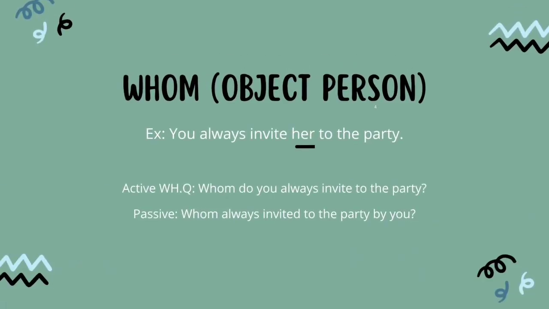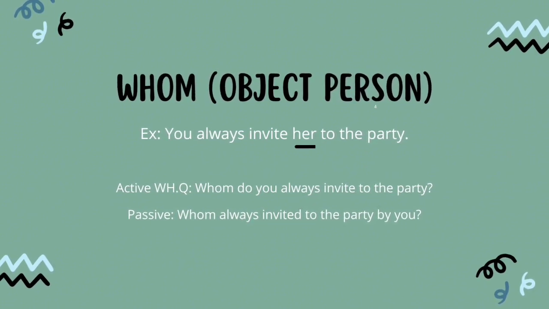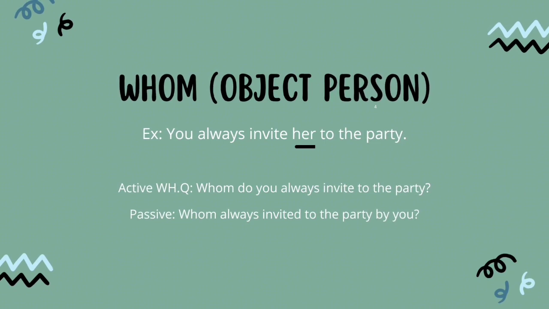And the last one for the wh- question is whom. It's used for asking about an object person. The example sentence is, you always invite her to the party. We determine that the underlined word is her, so we are going to ask about the object person her here.